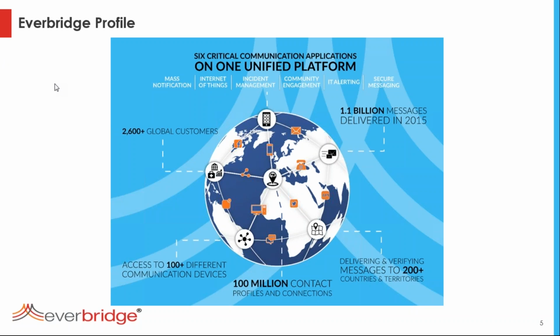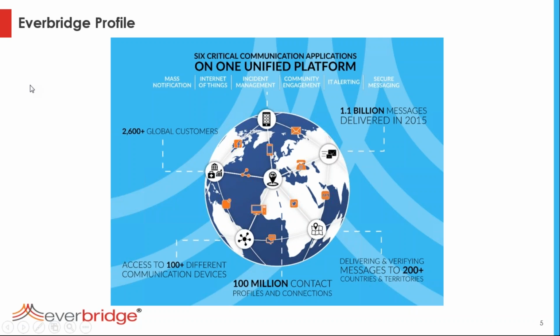Since that time, we have grown from an organization that supports that workflow to a global organization where, in 2015, we delivered over 1 billion messages across our platform. We have somewhere around 3,000 global customers, and you can see some of the other metrics about our organization, which is really around driving communication and messaging across various scenarios where it's absolutely imperative that the message gets through and teams can activate and respond to those messages.